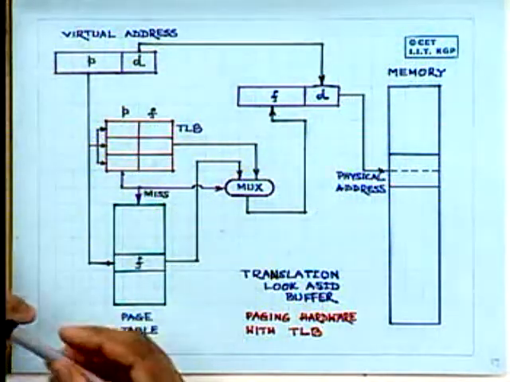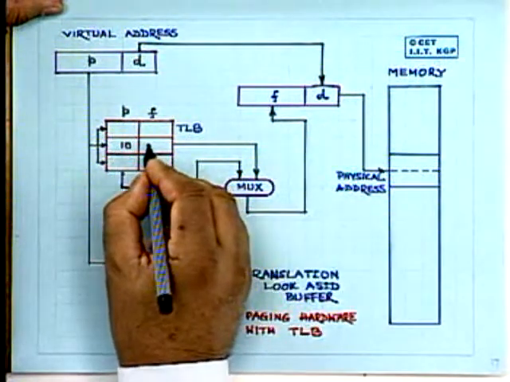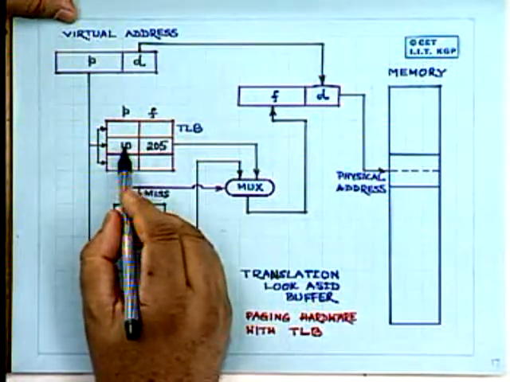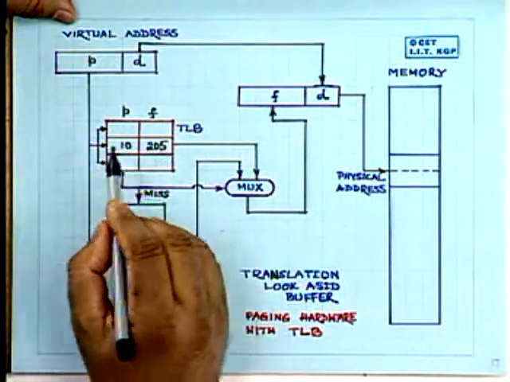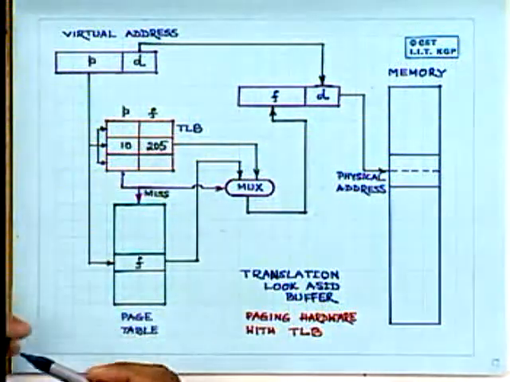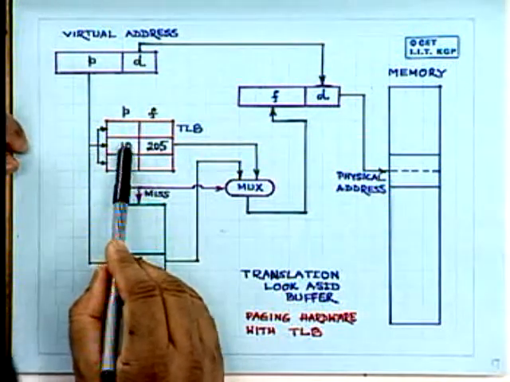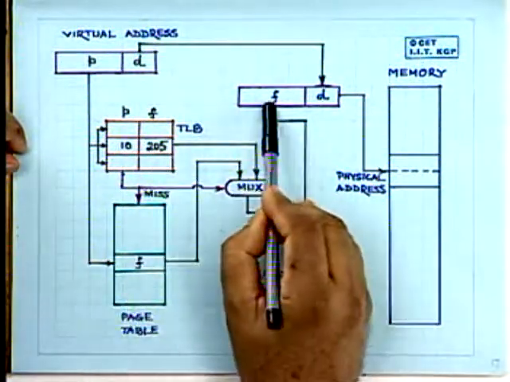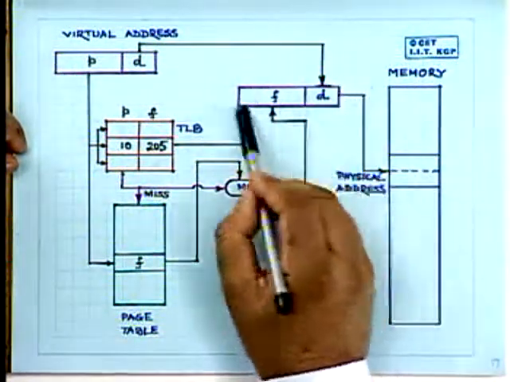That means if page 10 is loaded into, say, frame 205, then page 10 will be the first entry and 205, the frame where this page 10 of the process being executed has been loaded, will be the other entry. Therefore, if we know that page 10 is here, then 205 will be output immediately, and that frame number can come immediately to this component of the physical address.